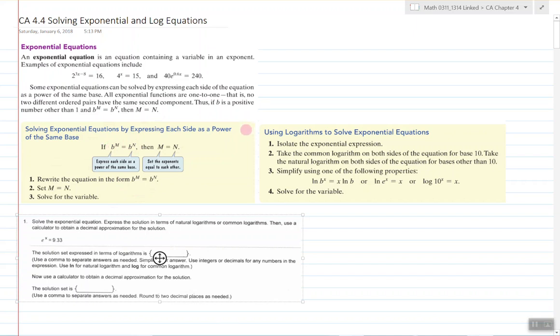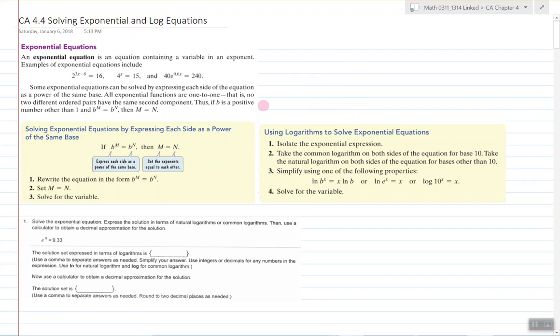Just as a quick example, if you had 2 to the x is equal to 8, because 8 can be written as 2 to a power, you could rewrite this as 2 to the x equals 2 to the third. If 2 to the x is the same as 2 to the 3, then x must be 3. But this condition must be met where both sides can use the same base. It just doesn't happen all that often.